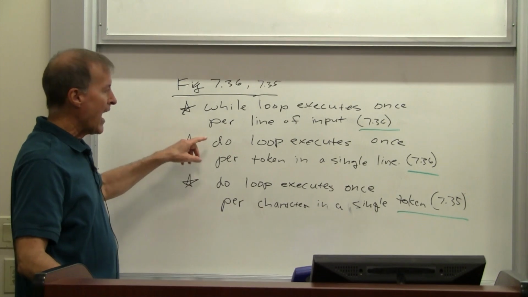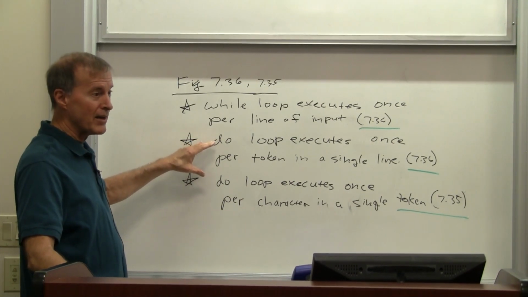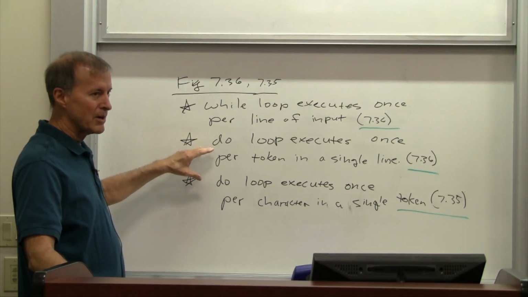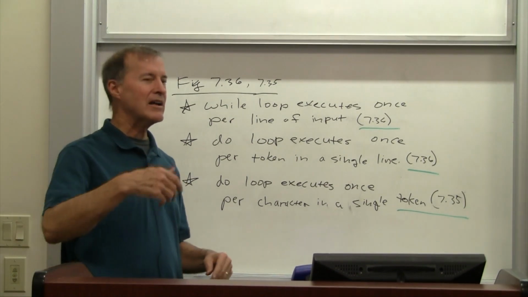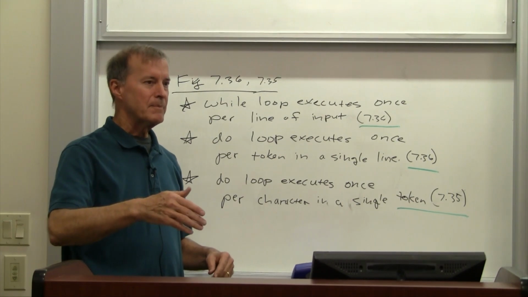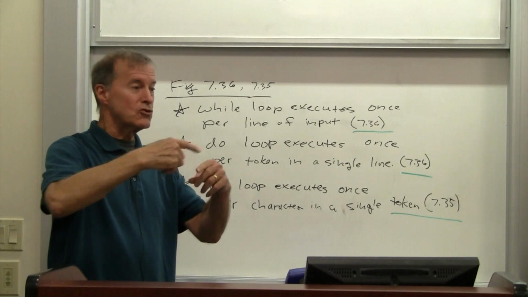If you don't do this according to the theory of finite state machines, it's very easy to have bugs in your code. Here, let me give you an example. I used to have students, until I just forbade it, say, what about leading spaces? We'll have a little loop to do the leading spaces.